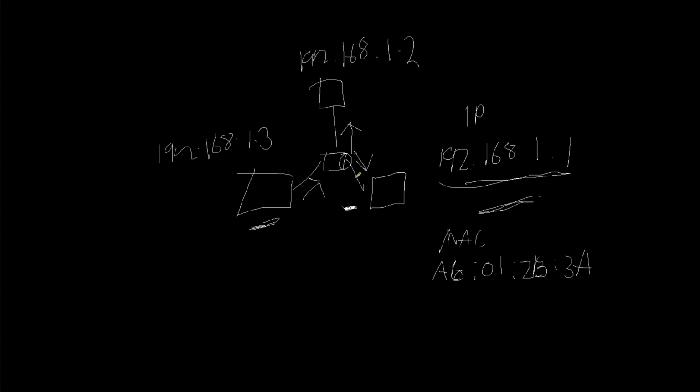It can be anything, I've just made that up. It literally can be anything, so you can't take this as gospel, but that would potentially be a MAC address associated with that IP address there.